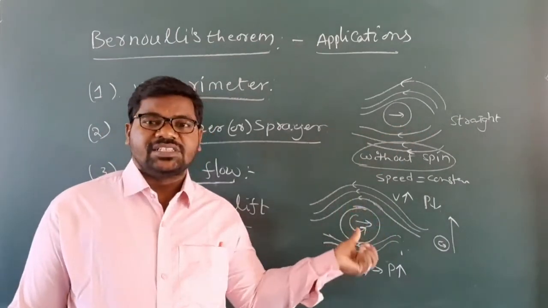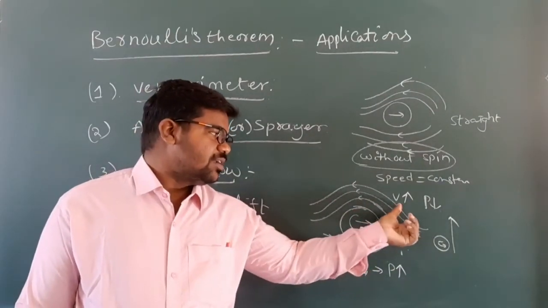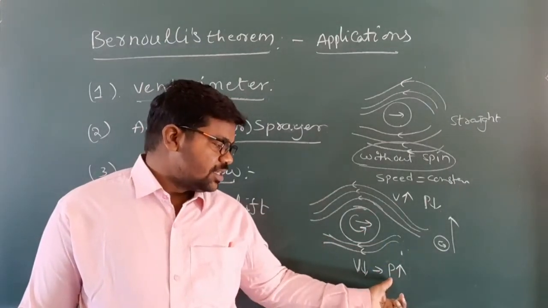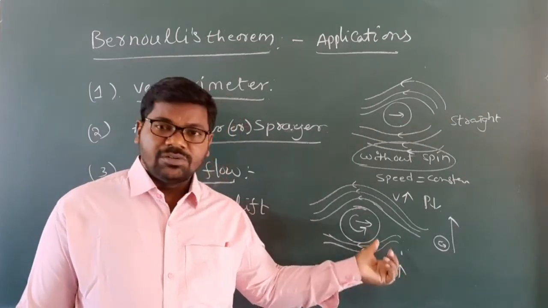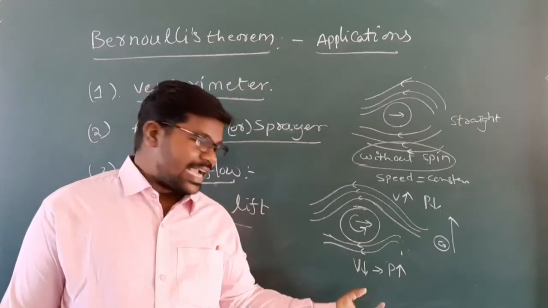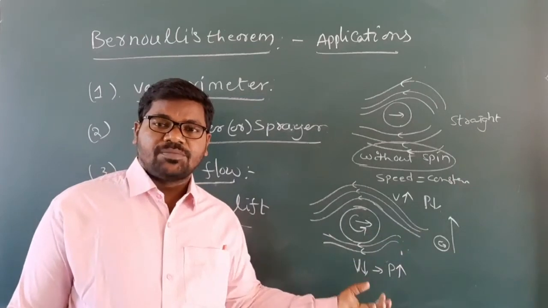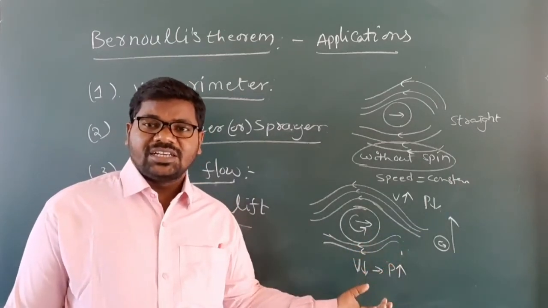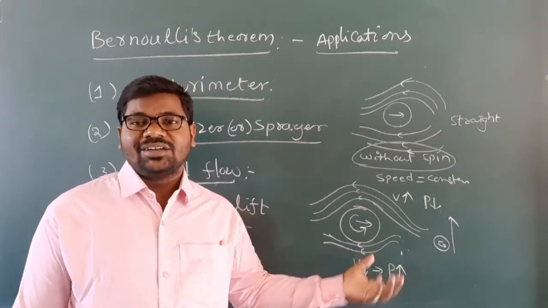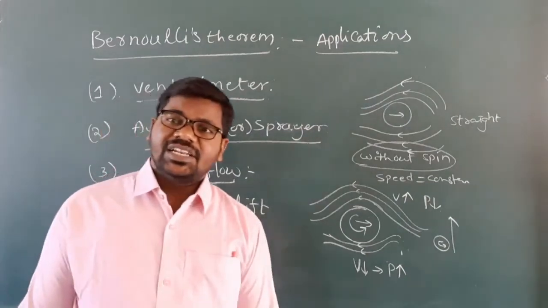When the ball spins, above the surface the speed increases and pressure decreases; below, velocity decreases and pressure increases. Due to this dynamic force, the ball moves in a curved path, upward. That we can say is dynamic lift.